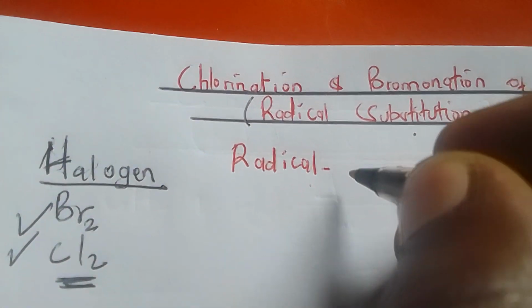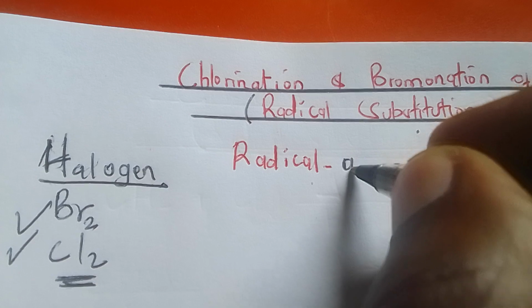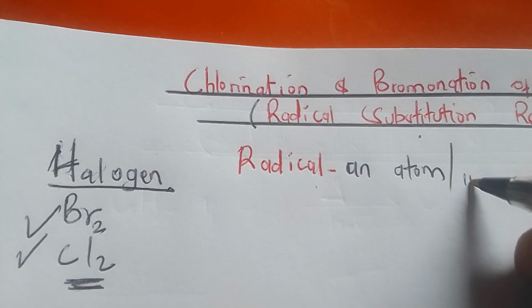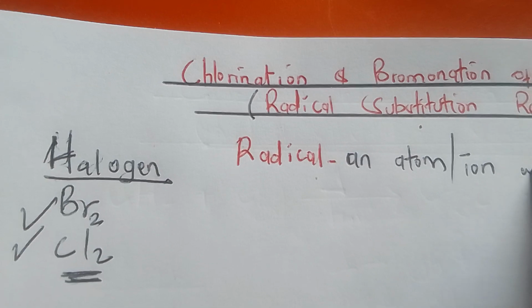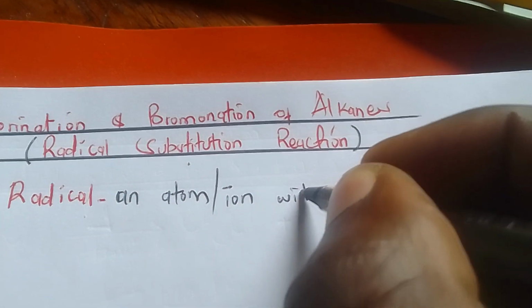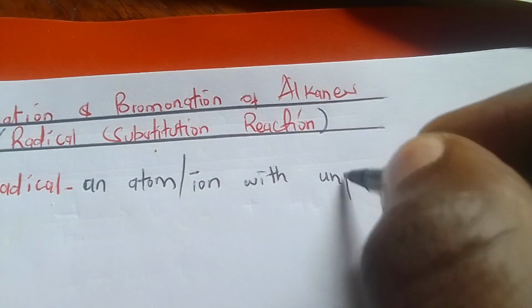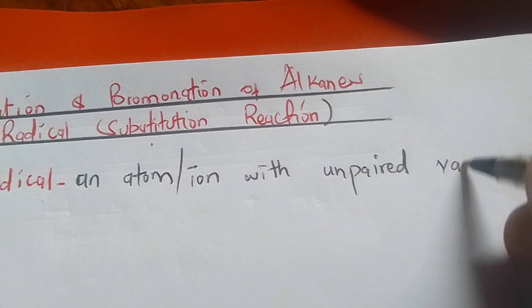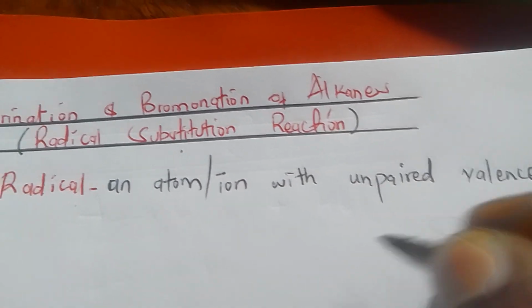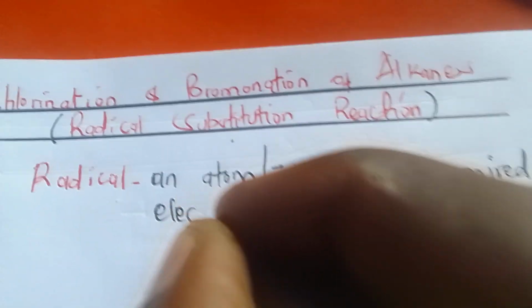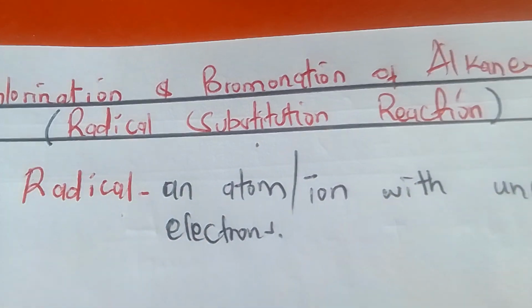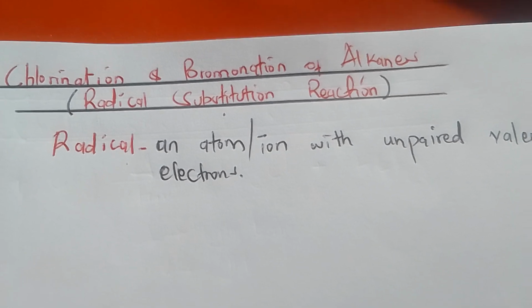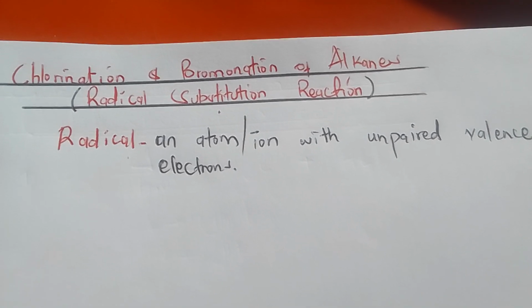So let me just write it here. This is an atom or an ion with unpaired valence electron.